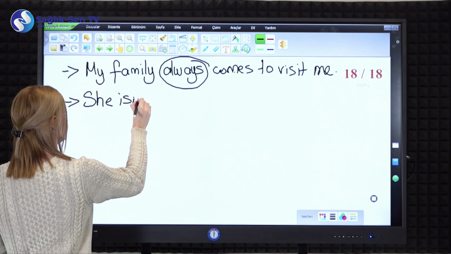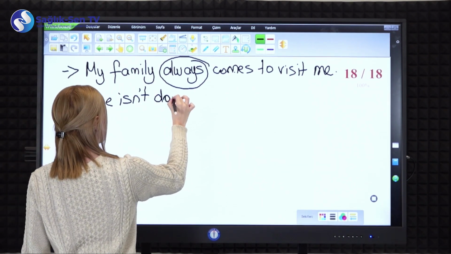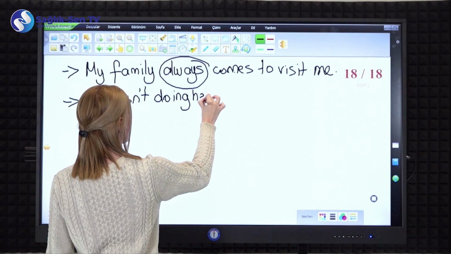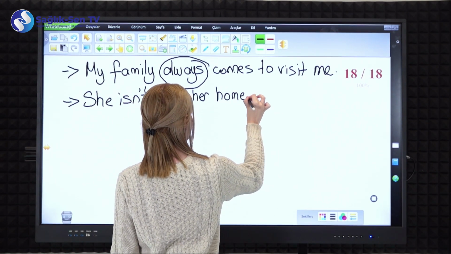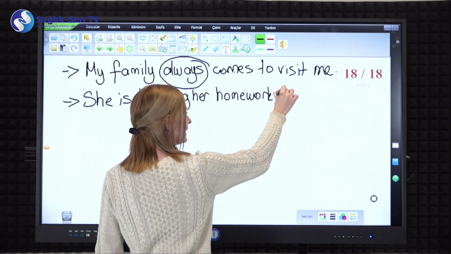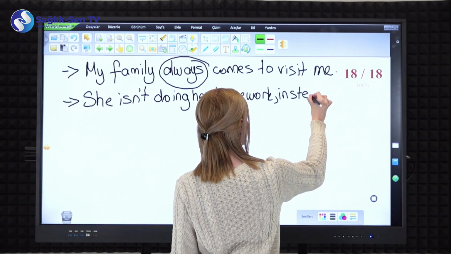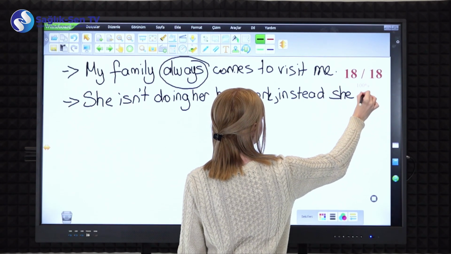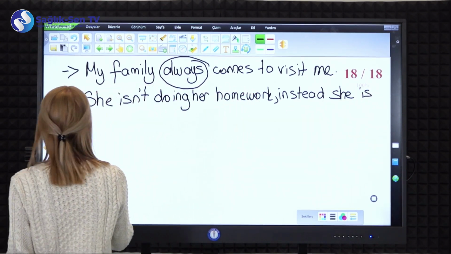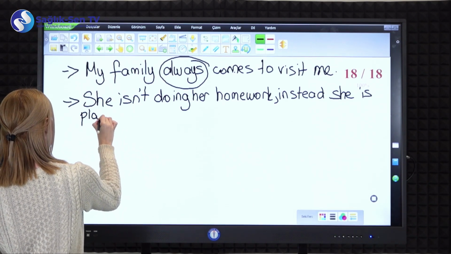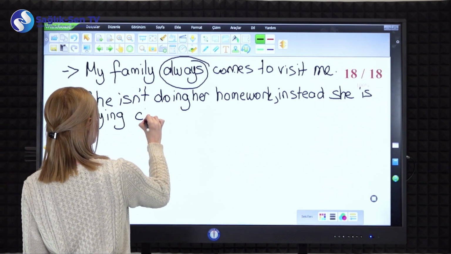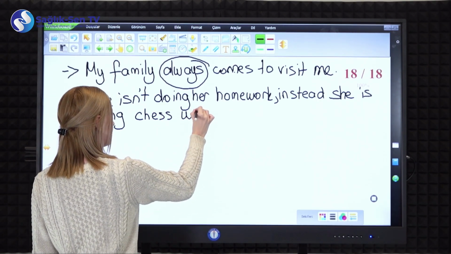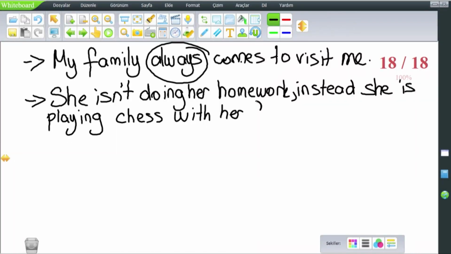She isn't doing her homework, instead she is playing chess with her friend. Actually, there are two main sentences in this example.